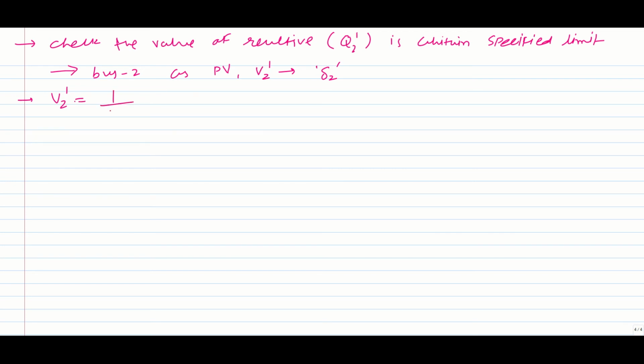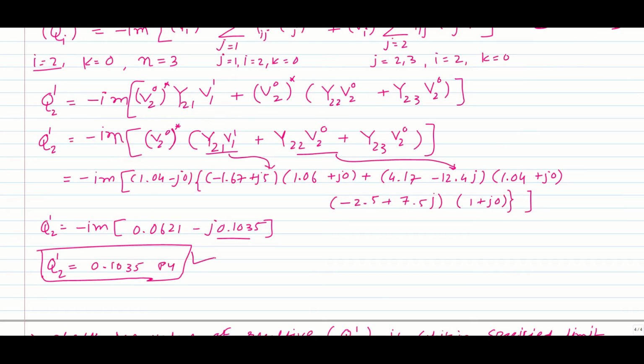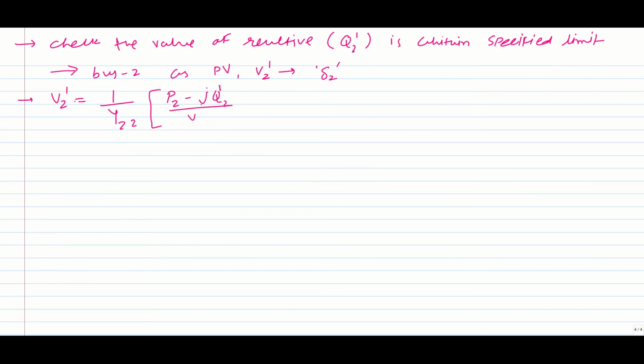We'll write directly the equation for bus number 2: P2 minus jQ2 (which we have calculated over here) divided by V20 conjugate, minus Y21 V1 minus Y23 V30.